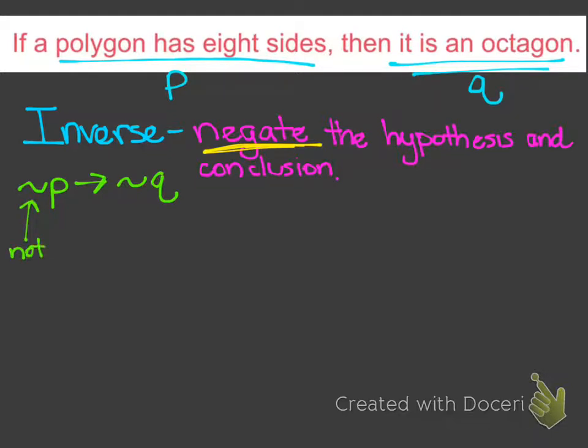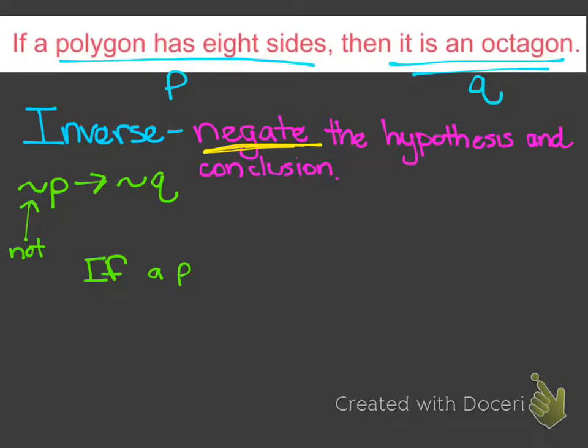Okay, it's the negation of something. So let's see if we can write the inverse of our conditional. So the hypothesis says if a polygon has 8 sides. So the negation of that would be if a polygon does not have 8 sides.